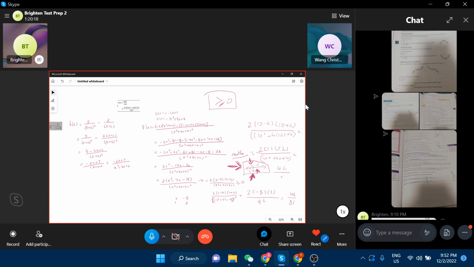So you would use this scenario if the question asked you to find the points and then prove if it's increasing or decreasing. If it was a 6-mark or a 7-mark question, you would find the points using the quotient rule. And then if you get a negative and positive, the answer is neither.